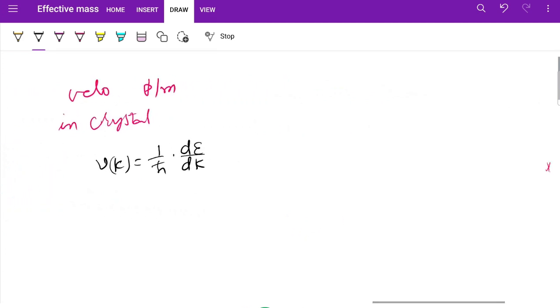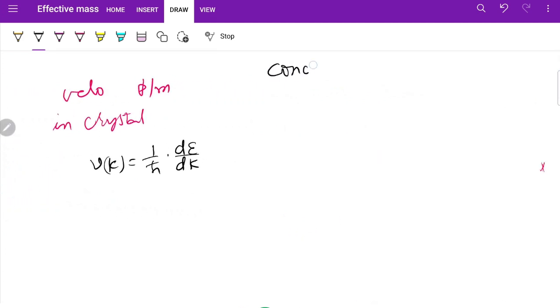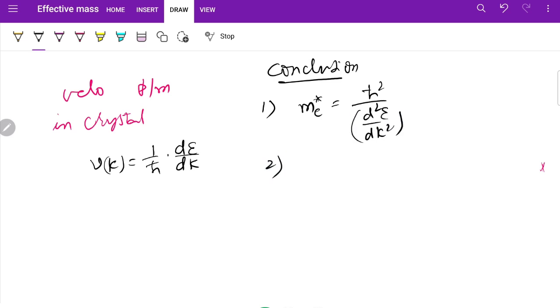In conclusion, the effective mass m star is equal to h cut square by d square E by dk square, and next, the velocity, not frequency, velocity v, is 1 by h cut d epsilon by dk.